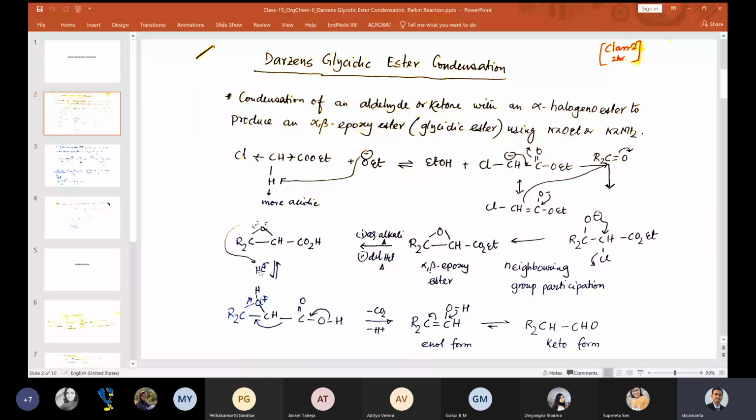This epoxy oxygen will be protonated. And then this bond comes and this bond breaks, so that you undergo a decarboxylation step to form this enol form, which converts into the keto form. So this becomes your final product in that case, which is basically the final product of this Darzens glycidic ester condensation.